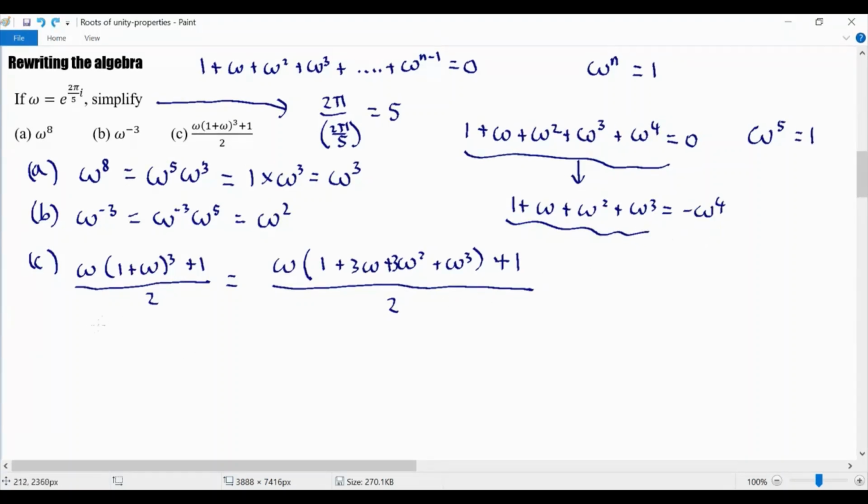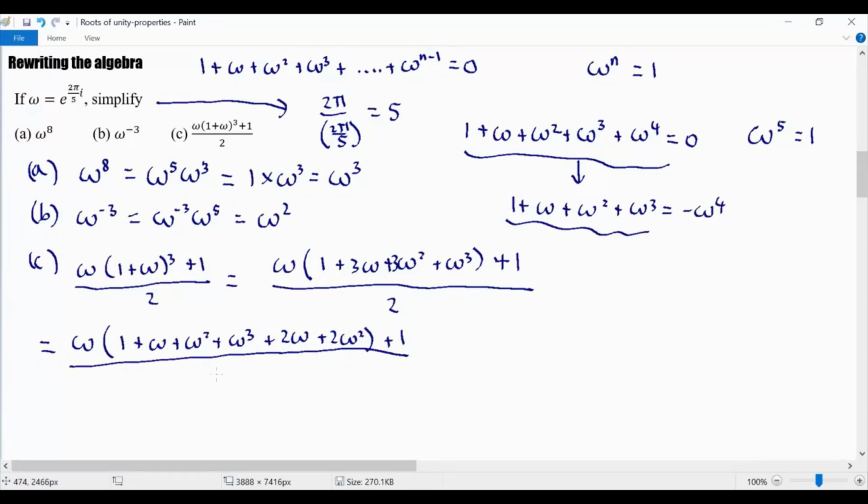So using that property, I can rewrite the stuff inside the bracket specifically as 1 plus omega plus omega squared plus omega cubed, because I know that's something I would like to have. But then realizing, no, I had the 1 and I had the omega cubed, but I actually had 3 omega, so I need an extra 2 omega added on. And I had 3 omega squared, so I should have an extra 2 omega squared in my new expression here.